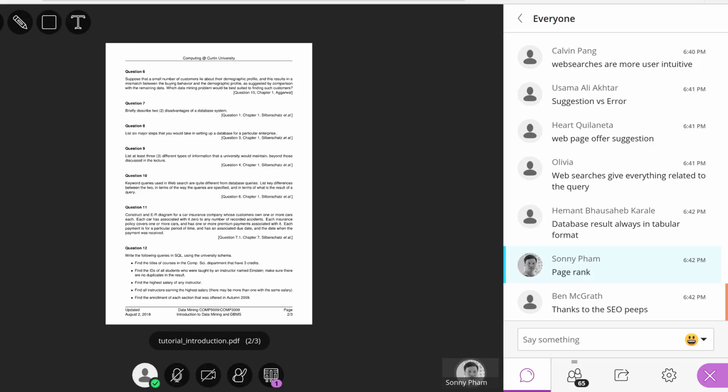Then they rank the relevance for you to choose from. So this is what the engine thinks is the best match for the query. However, it just contains a list of websites that it thinks are relevant.